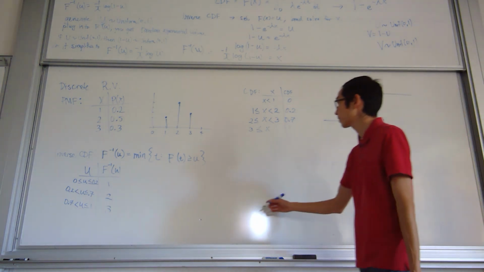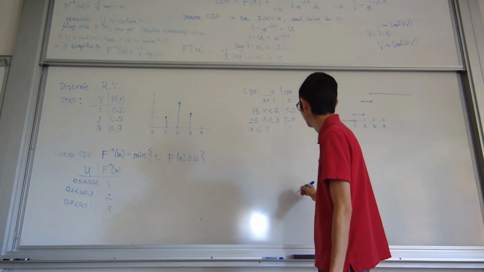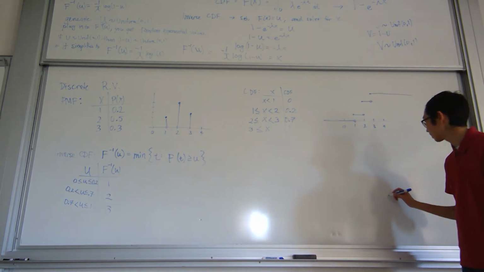And so this graph is a little, how do we do this?